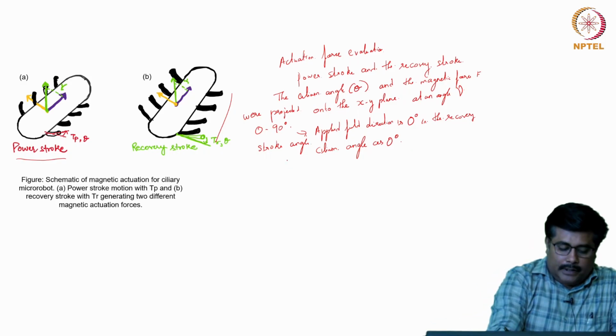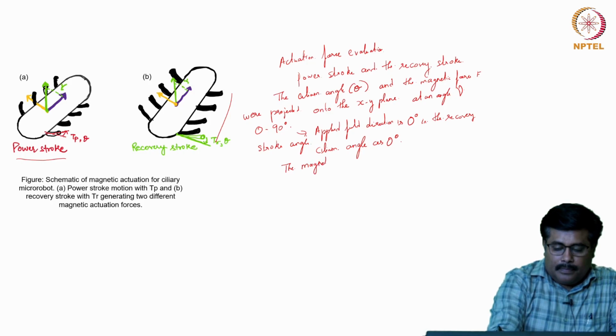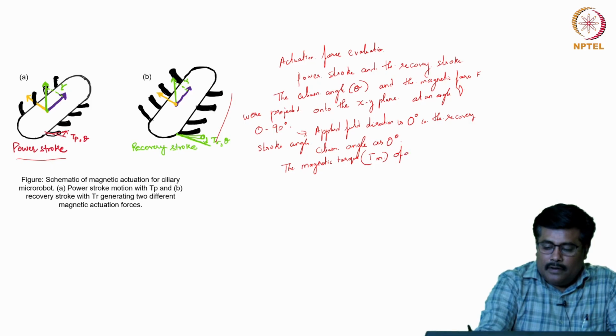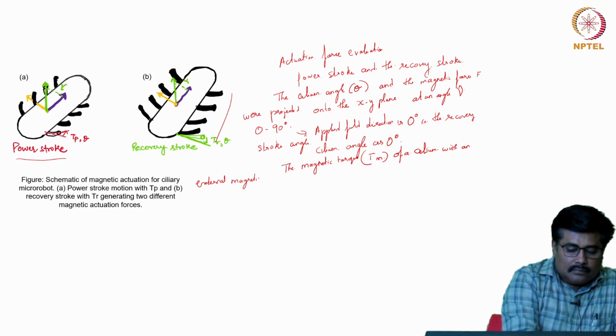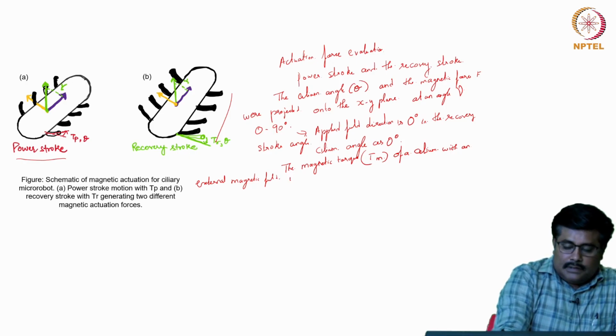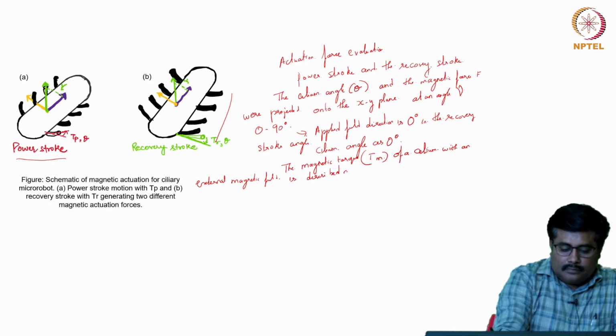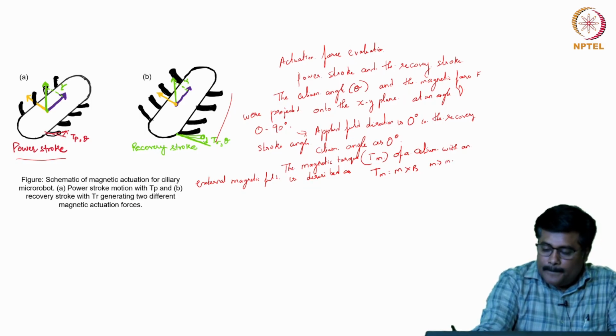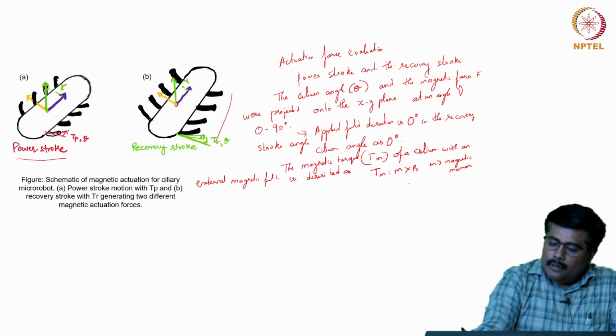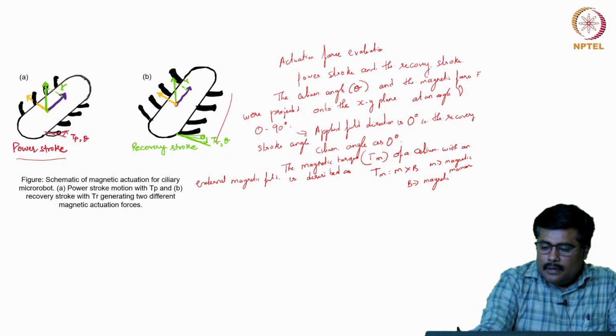After one beating cycle, the magnetic torque Tm of a cilium with an external magnetic field is described as Tm equals m into B, where m is the magnetic moment and B is the magnetic field intensity.